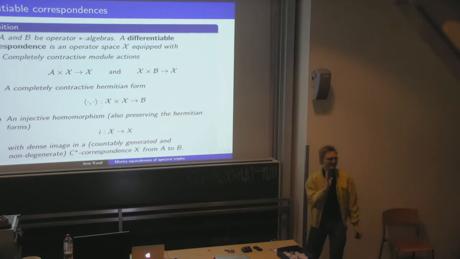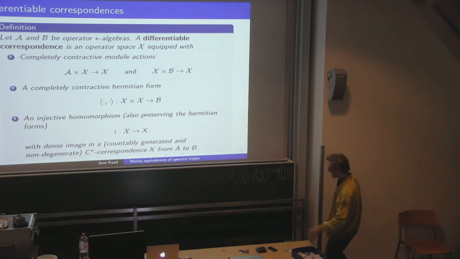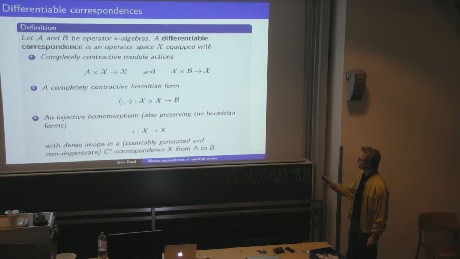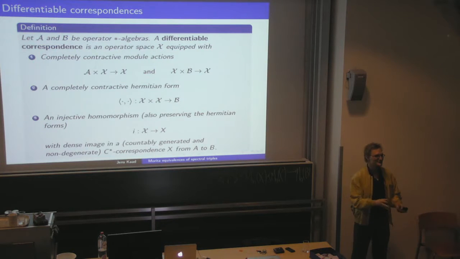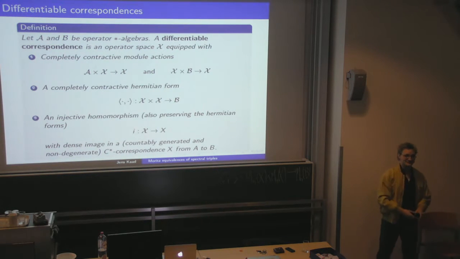I will not do it again. I'm sorry about that. Should be more careful. Now, you can use this differentiable correspondence to move spectral triples from B to spectral triples on A. That's the point.